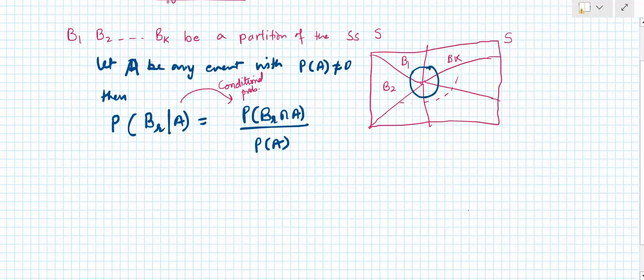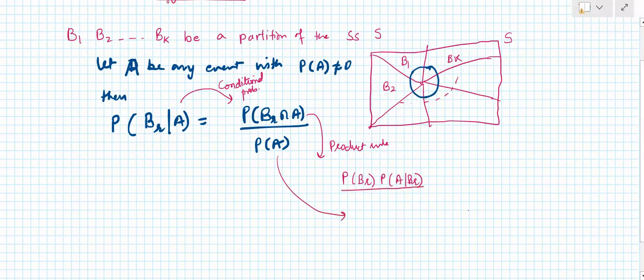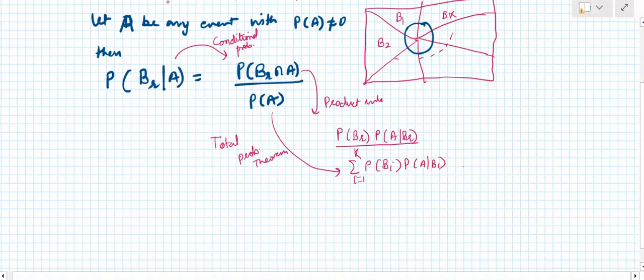And then what I can do further is, in the numerator, I can use the product rule, and I can write it as probability of BR into probability of A given BR, and in the denominator I can use the total probability theorem, and I can write it as sum of probability of BI into probability of A given BI, I from 1 to K. So we get this formula.